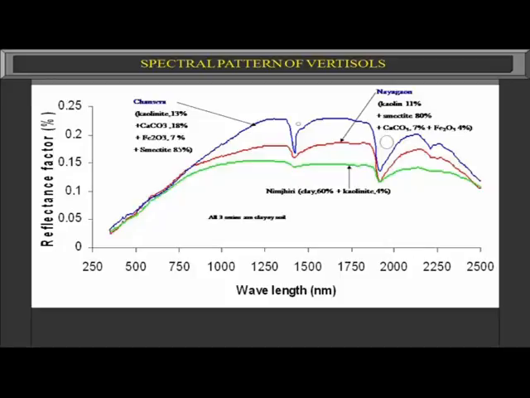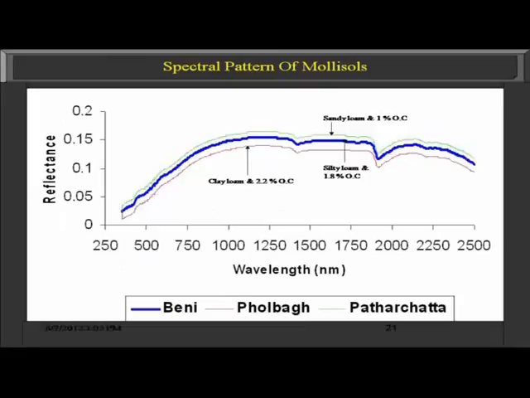So even within the same vertisols, you have different reflectance patterns because of kaolinite or smectite or clay percentage. What I mean to say is, even within vertisol types, even within soil series, if there is a change in texture or mineral type, you will be able to differentiate the spectra.